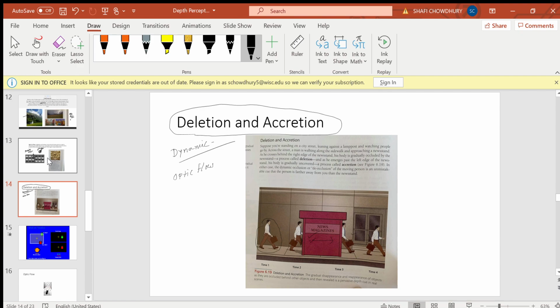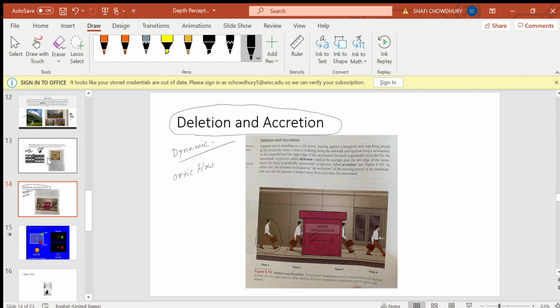You already know when you move forward, the objects get expanded or larger. That means you feel that they are moving towards you, and that apparent motion gives you the perception that you are moving forward. And if you move rightwards, the things move left in the optic flow, and that gives you the perception.